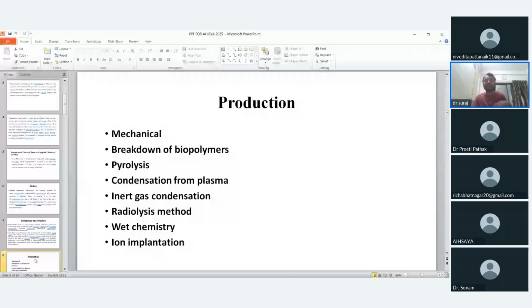So these are the different methods through which we prepare such minute structures. By different methods, they have a different pattern of arrangement, size, shape, range, action, rate of absorption and rate of penetration. Everything is very different, so it depends on the nature of production. So it is a very important part.